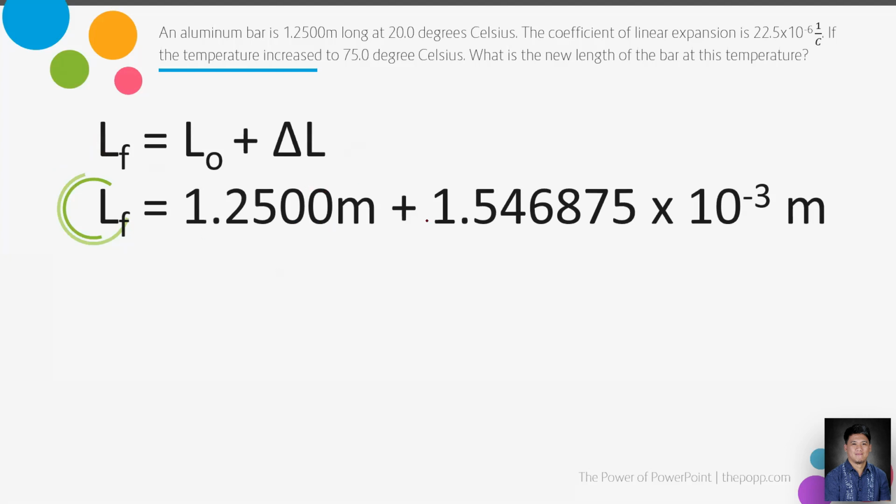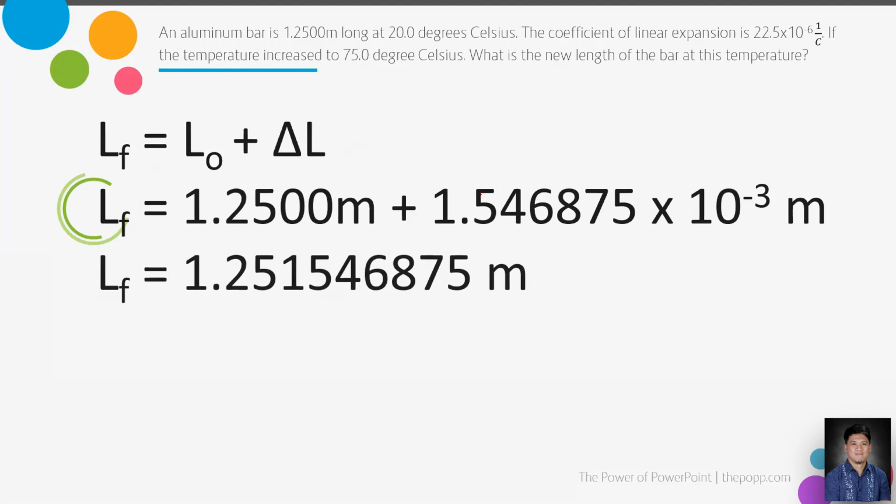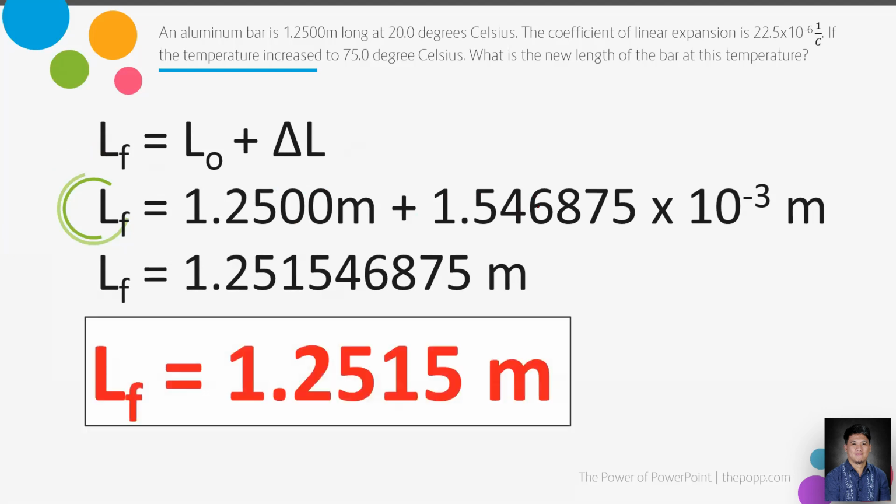That is equal to 1.251546875. Since the least number of decimal places is 4, we will round this to 4 decimal places, and that is equal to 1.2515 meter. And that is the new length of our aluminum bar.